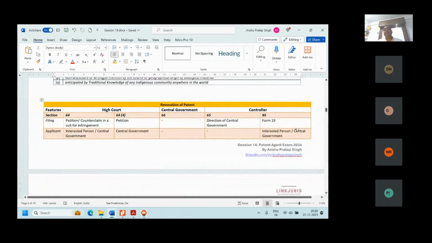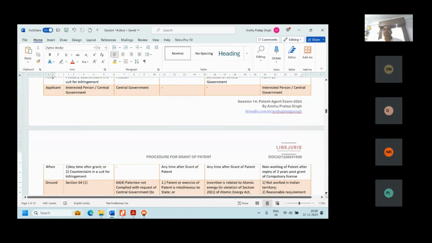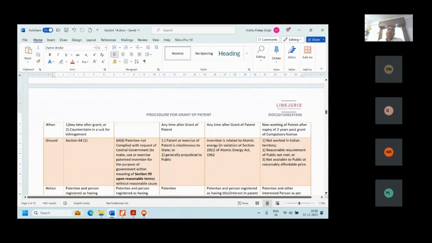Now comes 85. Under 85, Form 19 has to be filed. Who will file? An interested person or the central government. The ground here is that, post grant of a compulsory license, the patent is still not being worked. That means not worked in Indian territory, the reasonable requirement of the public is not met, or the public need is not met at a reasonably affordable price.